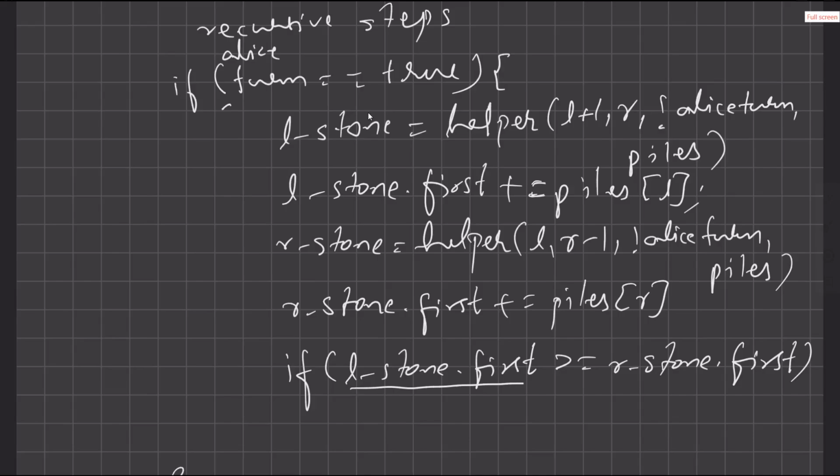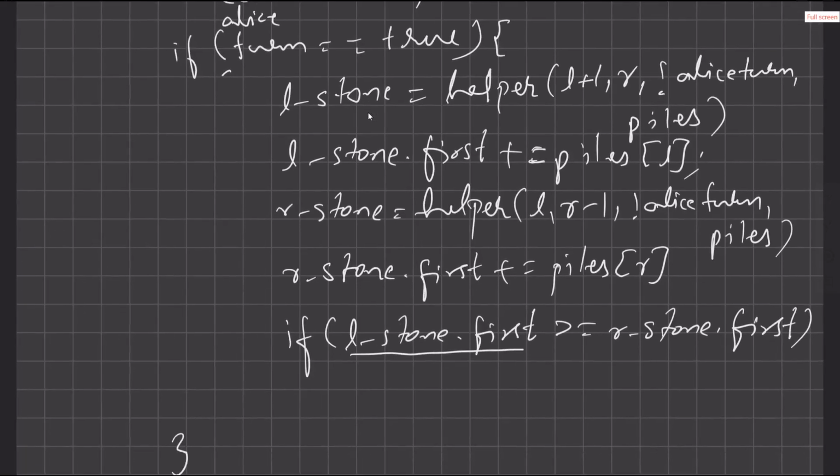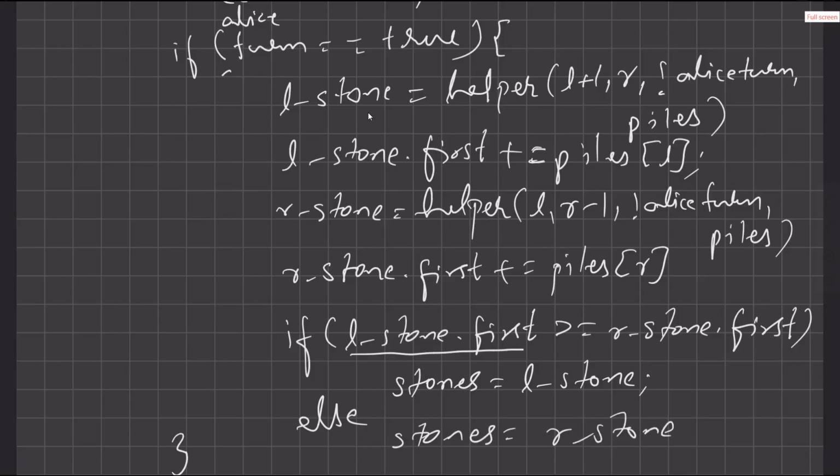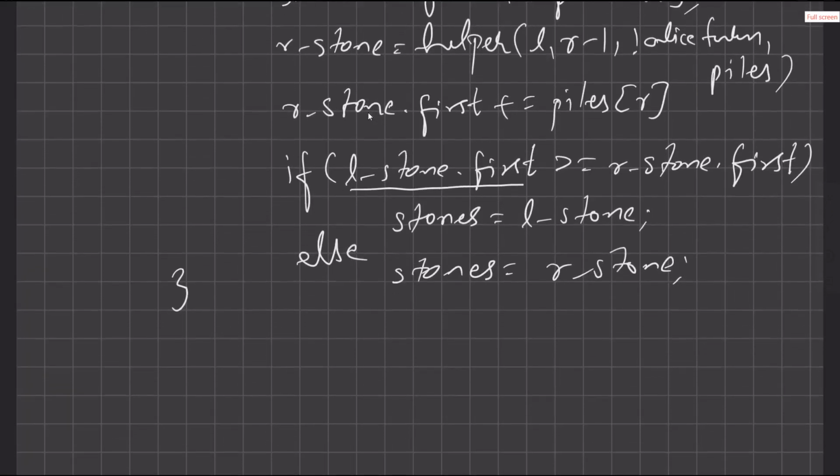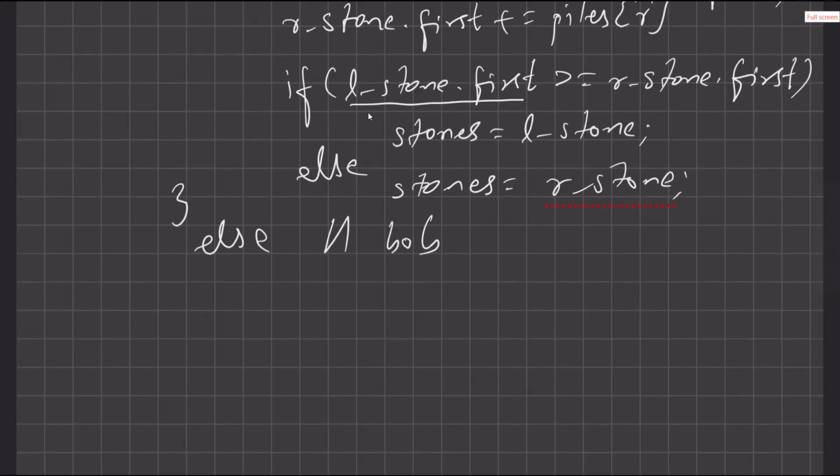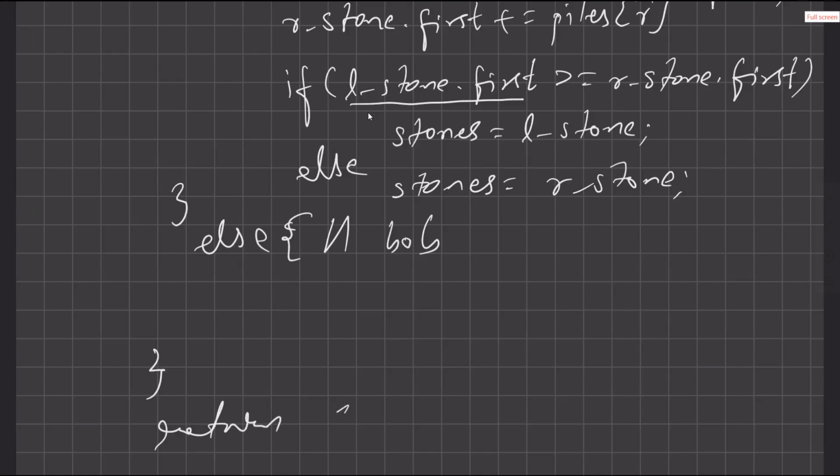If that is the case, then in your stones you will be adding L stone, else it will be R stone. Similar thing we'll be doing for Bob as well. And at the end, you will be returning this stone. So this will be a recursive function.